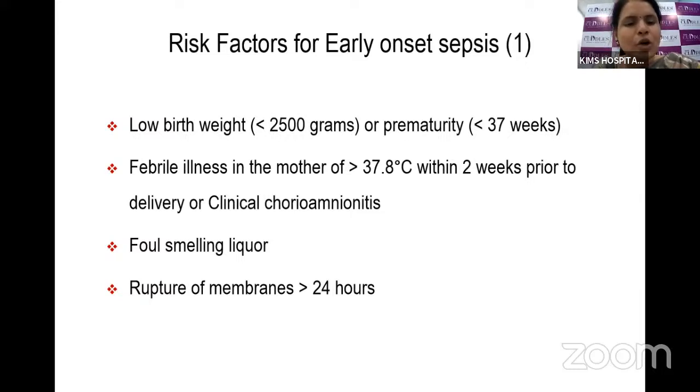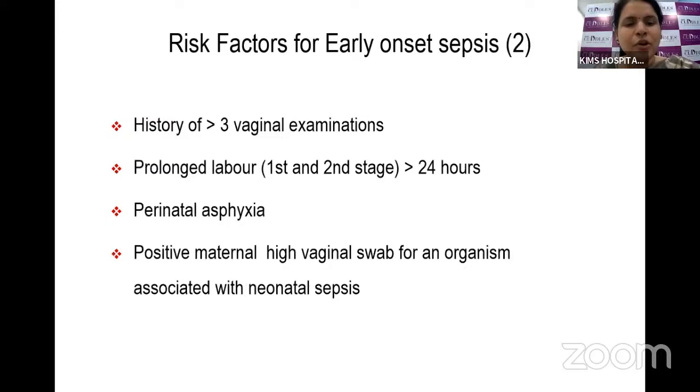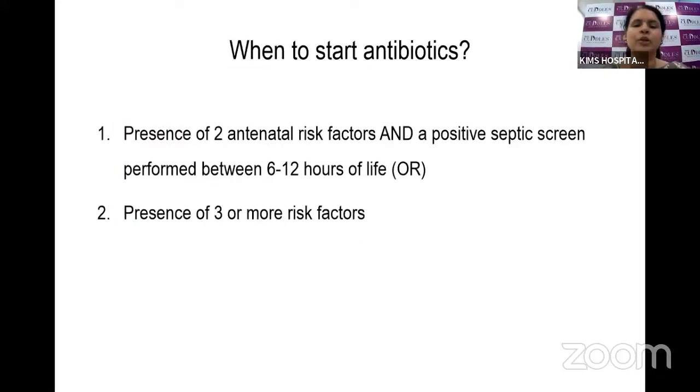In general, these are the risk factors: being born low birth weight or premature, below 37 weeks, below 2,500 grams; fever in the mother more than 37.8 degrees Celsius within 2 weeks prior to delivery; the presence of clinical chorioamnionitis, which again has its own definitive criteria; the presence of foul-smelling liquor; rupture of membranes prolonged more than 24 hours; history of more than 3 clean per vaginal examinations or a single unclean per vaginal examination; the presence of prolonged labor, defined as the combination of first and second stage of labor beyond 24 hours; presence of asphyxia; and a positive maternal high vaginal swab for an organism that is incriminated in neonatal sepsis.